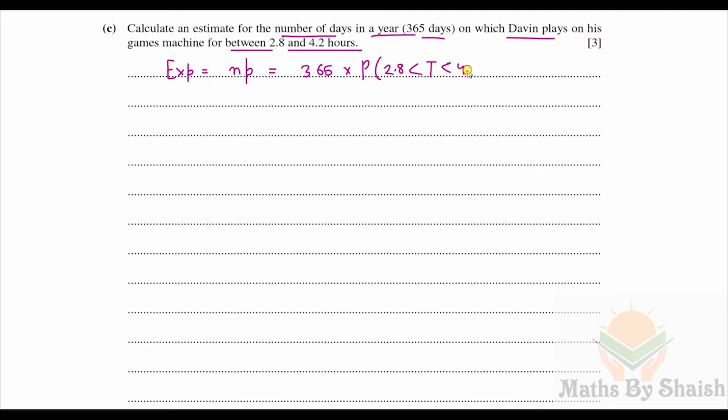So all we need to find is the probability of t between these values. That is the probability of, in the standard score, z greater than (2.8 minus mu, that is 3.5) upon sigma 0.9, and less than (4.2 minus 3.5) upon 0.9. Now we will calculate this. One value is going to be negative and the other positive.